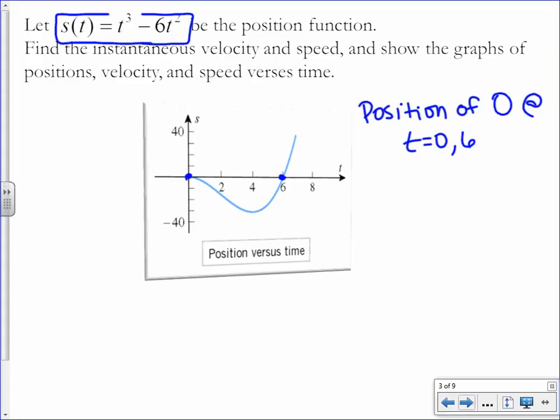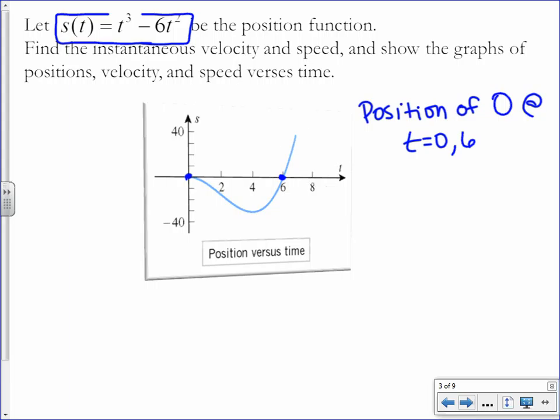We're not going to have any negative time, so we don't even have to worry about this portion of the graph. Right here at time is 2, are we to the right or to the left of the origin? We are to the left because we have a negative position. Over here, we are to the right because we have a positive position.